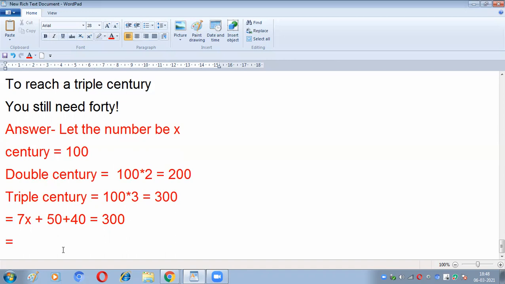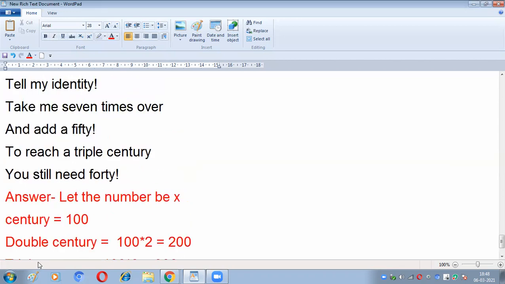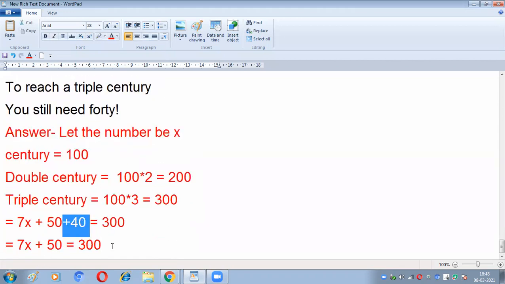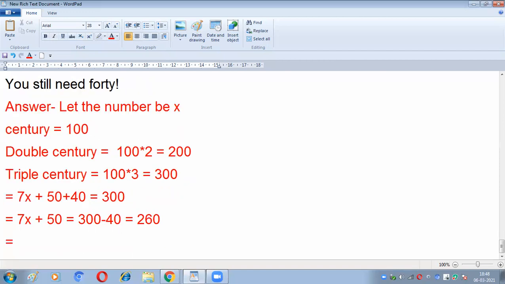Okay, so let's solve it. 7x plus 50 plus 40 is equal to 300, and first this plus 40 will move to the right hand side, and it will have the sign of negative 40. So we will write 300 minus 40, which is equal to how much? 260. Got my point?